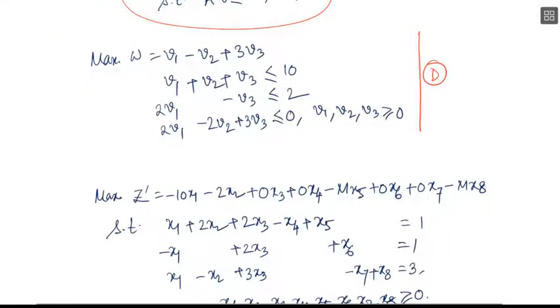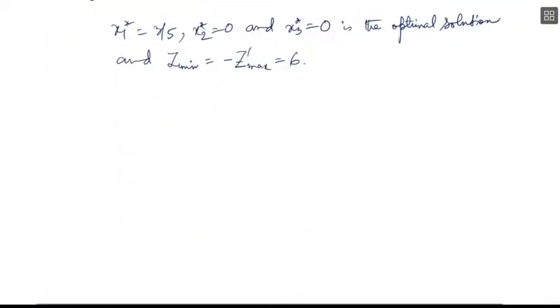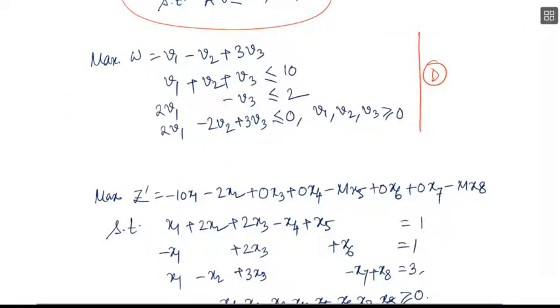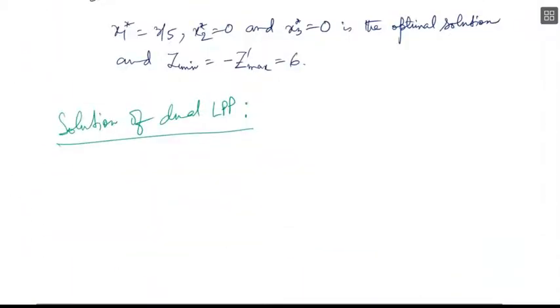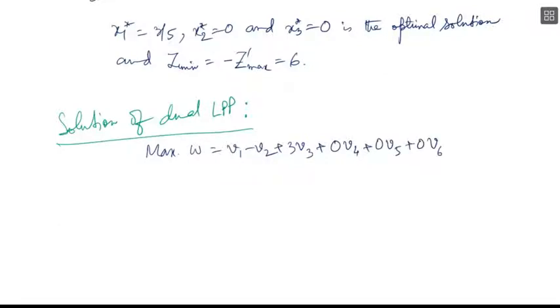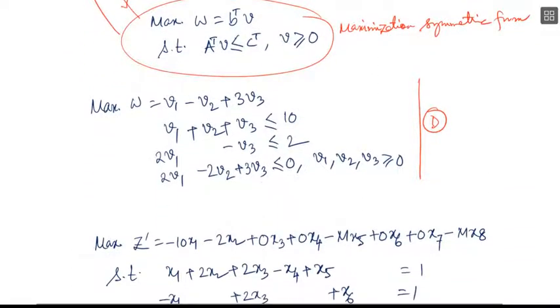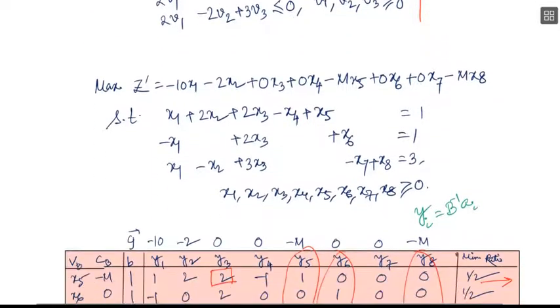So we get the standardized problem as max w equals v1 minus v2 plus 3v3 plus 0 v4 plus 0 v5 plus 0 v6, where v4, v5, v6 are 3 slack variables which we will introduce to the 3 less equal to type inequalities in the dual problem D.